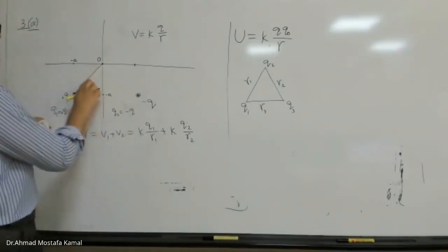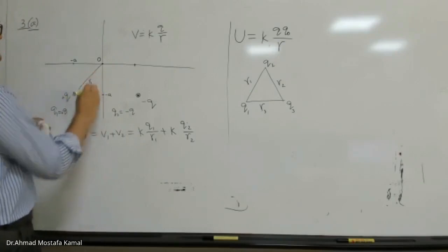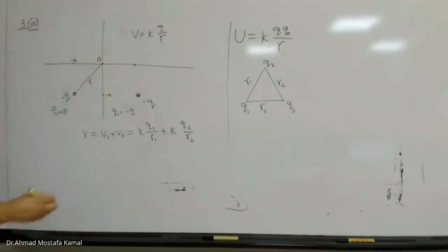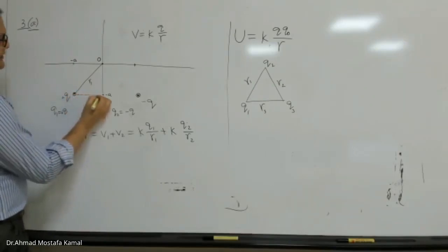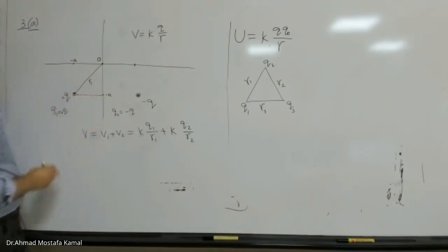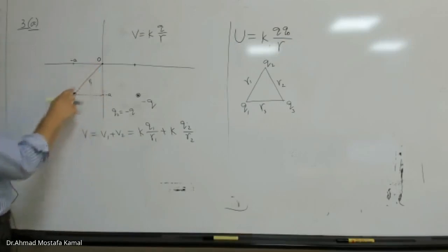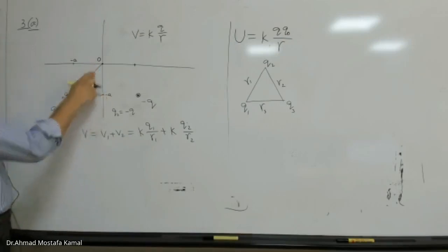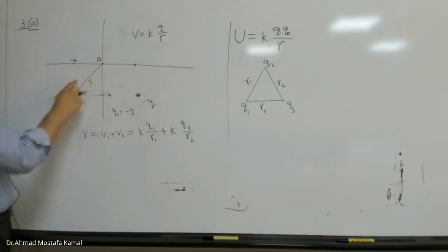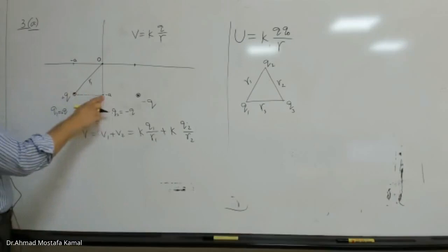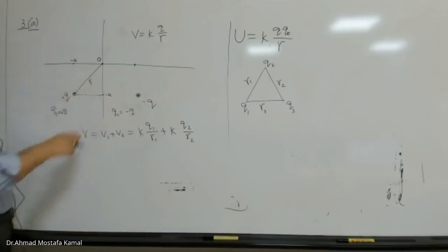It is very easy to find R1 because you see, if you join this point and this point, then O, Q, minus A, this is a right angle triangle, where R1 is the hypotenuse.